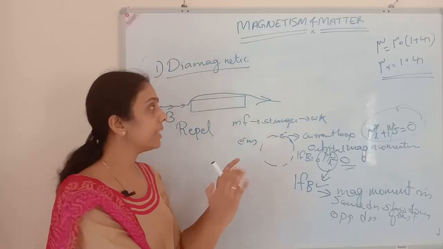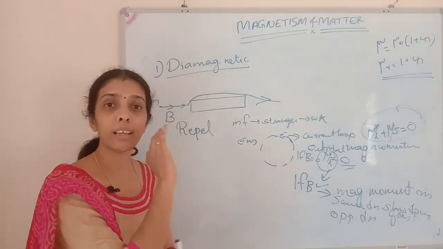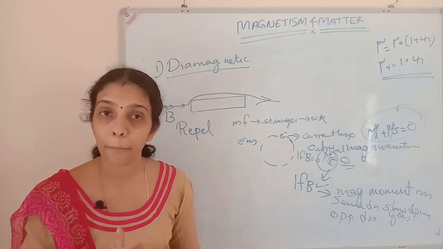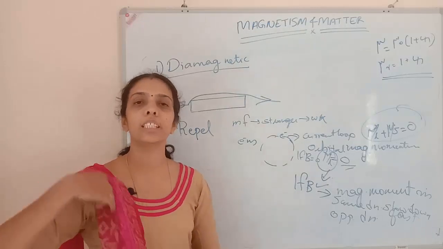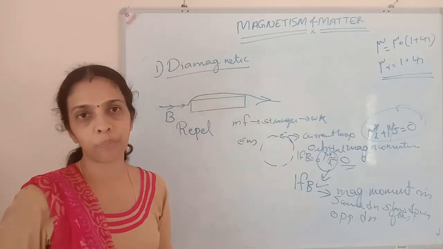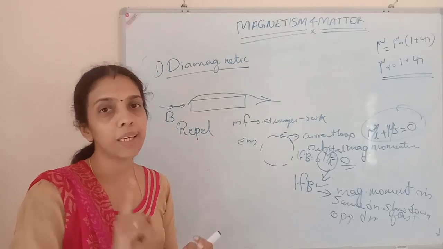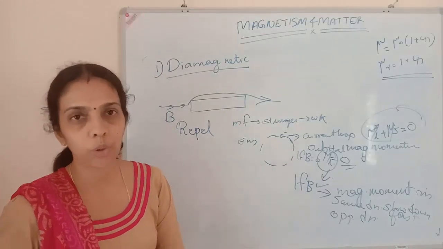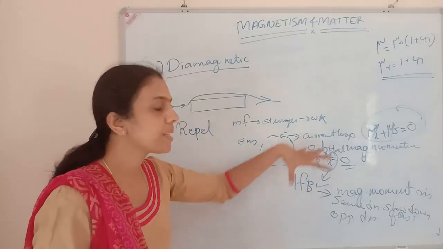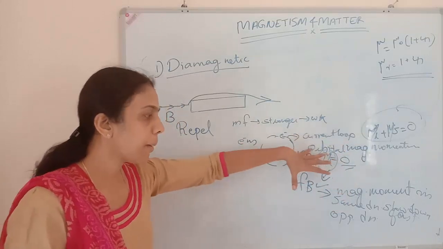So clear, right? If we are not applying any magnetic field, what will happen? The net magnetic moment will be equal to 0. That is, orbital moment plus spin moment will be equal to 0. If we are applying some magnetic field, what will happen?